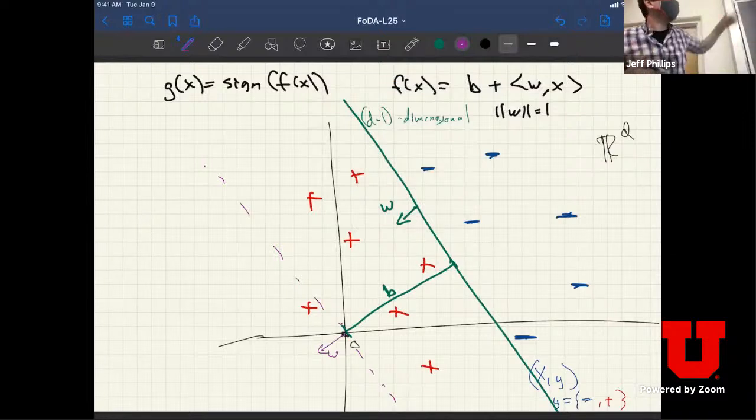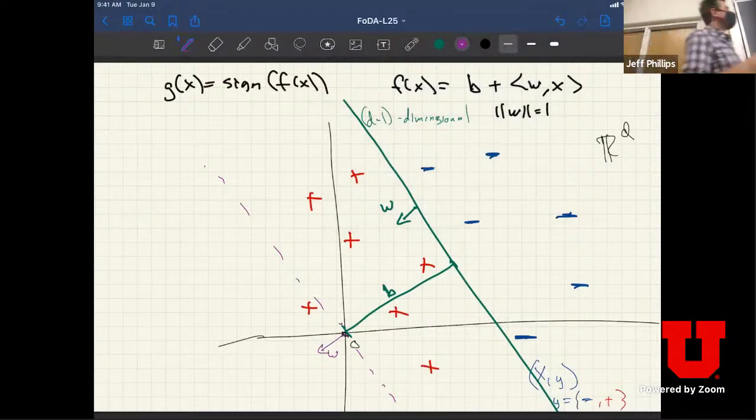But I want all of these plus points to be categorized as positive, so I need to subtract a value here. So B is going to have a negative value in this case.